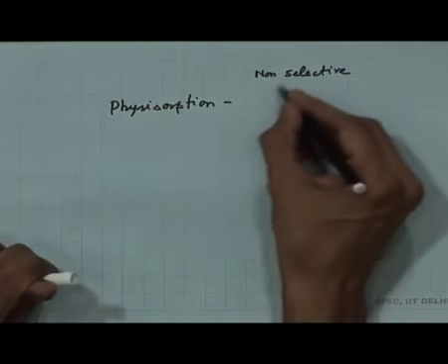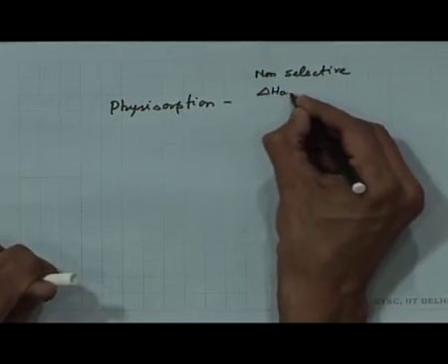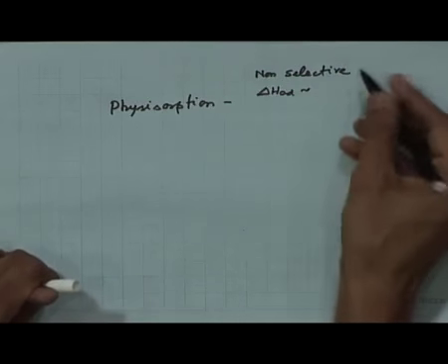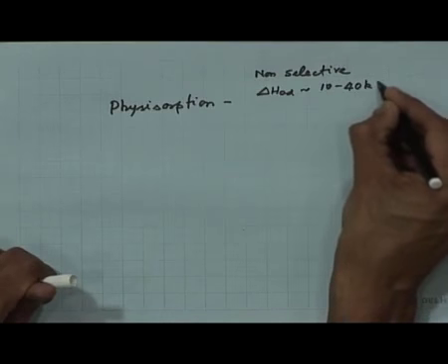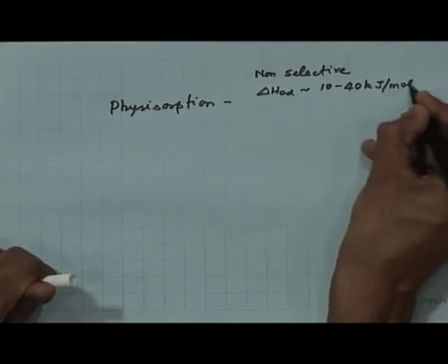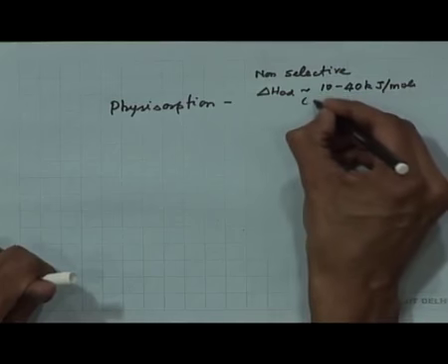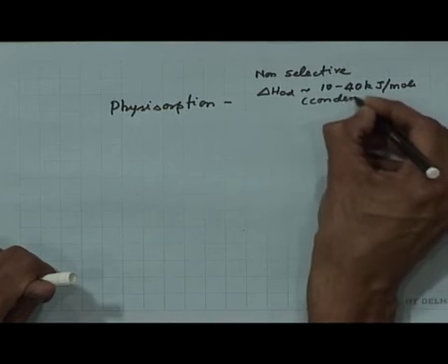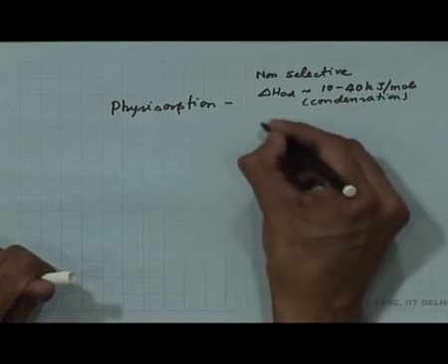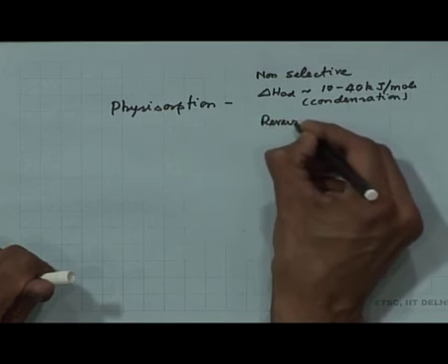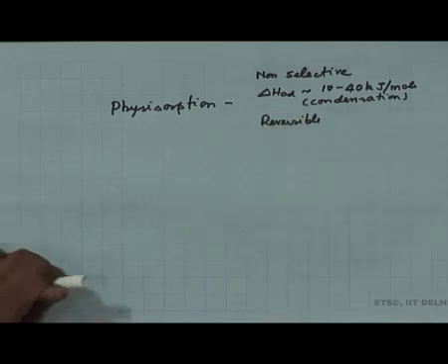It has a delta H of adsorption which is of the order of 10 to 40 kilojoules per mole, and it looks like condensation. It is completely reversible, which means that I can take this and I can heat it and the thing that is adsorbed will go away.